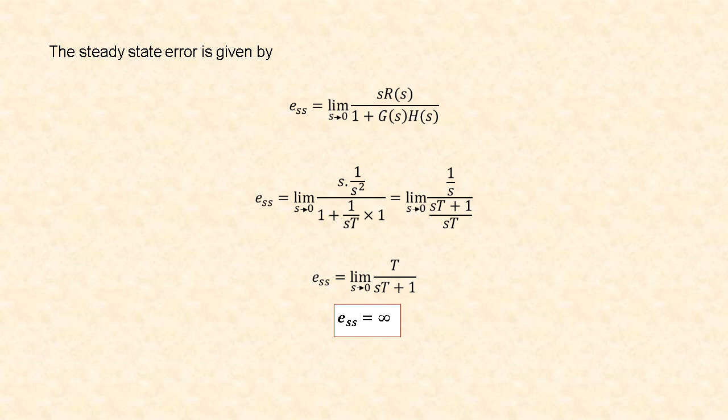Now ESS is equal to limit s tending to 0 1 by s divided by s into T plus 1 divided by sT. Simplifying, we have ESS equal to limit s tending to 0 T divided by s into T plus 1. Substituting s is equal to 0, we have the steady state error as infinity.